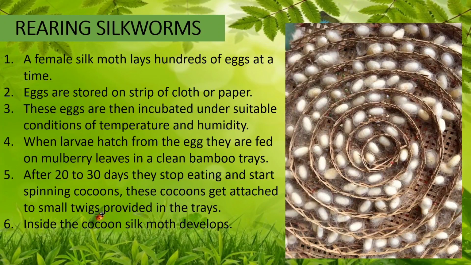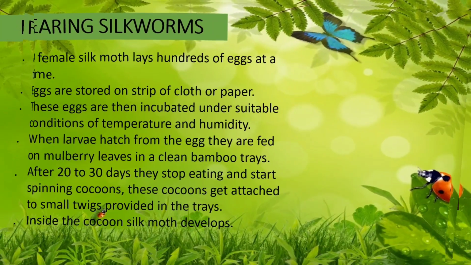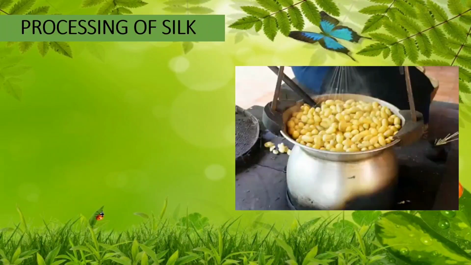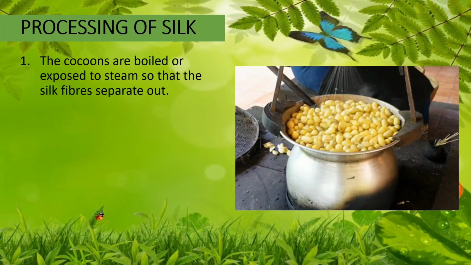Now the next part is the processing of silk. Let us see how we get silk from these cocoons. The cocoons are boiled or exposed to steam so that the silk fibers separate out. In this video you can see how they are boiled and the silk fibers are coming out of the cocoon.